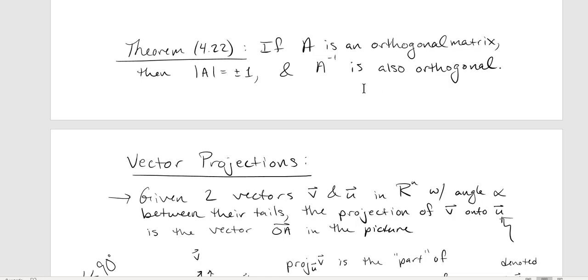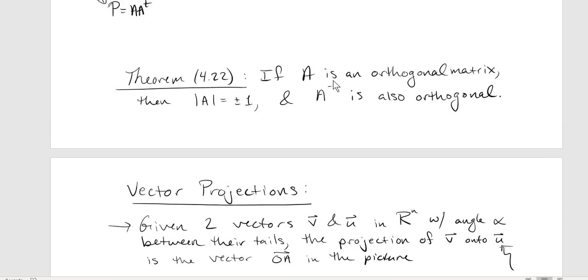Using a similar little fact to prove that if A is orthogonal, then A inverse is also orthogonal: just remember that if A is orthogonal, A inverse is just A transpose. So if I know A being orthogonal implies that the inverse is orthogonal, I can look at A transpose being orthogonal, which has the rows and columns of A in its columns and rows.